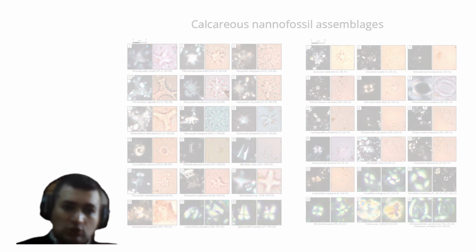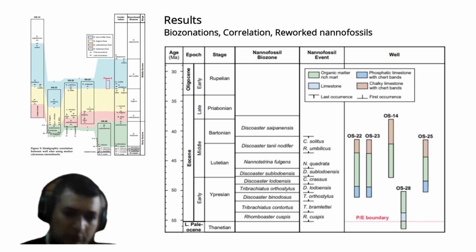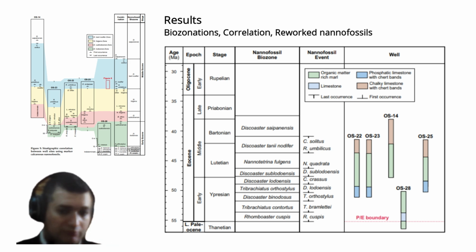So we were able to differentiate four biozones, starting from the bottom, the Discoaster lodoensis, then the Discoaster sublodoensis, Nannotetrina fulgens, and the Discoaster nodifer at the top.